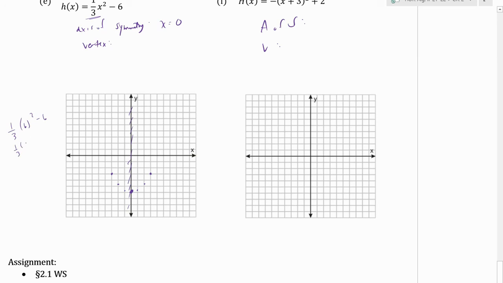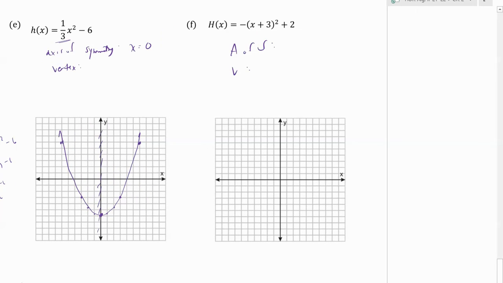A third of 36 minus 6. A third of 36, 12 minus 6 is 6. So when I'm over 6, that's 6. And then I'd have a good point to line it up with.